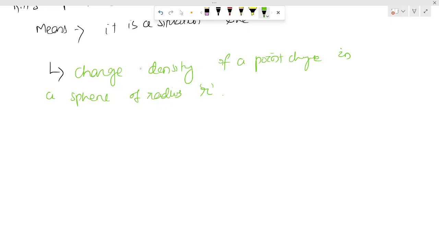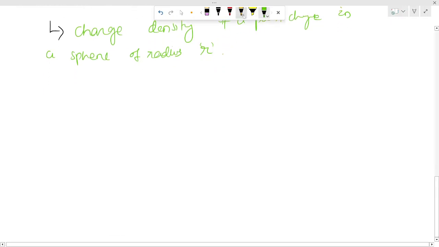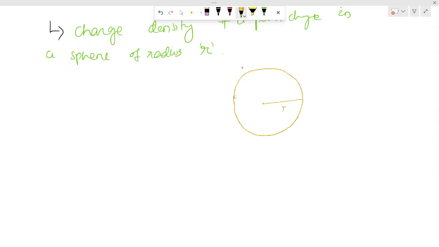Let me draw the sphere for you. So this is my sphere where the radius is r, and this is your point, that is r equal to 0 point. And I have a charge plus q here.